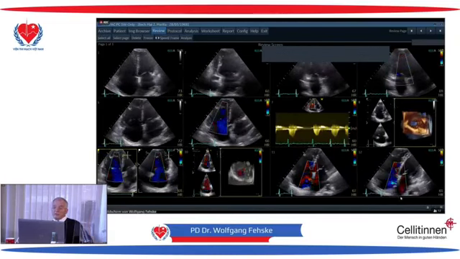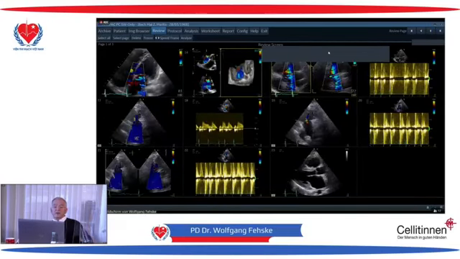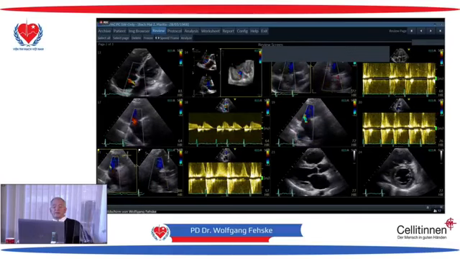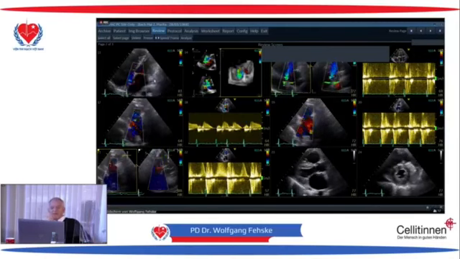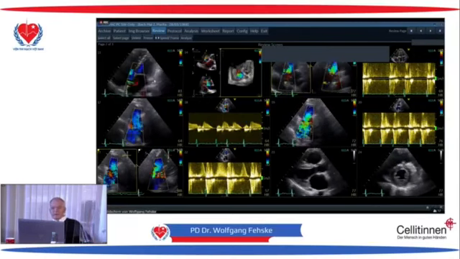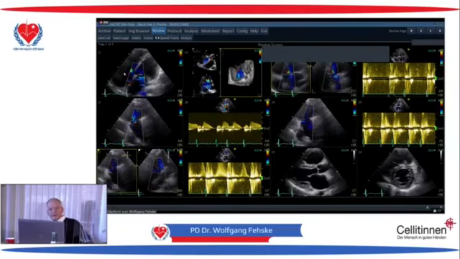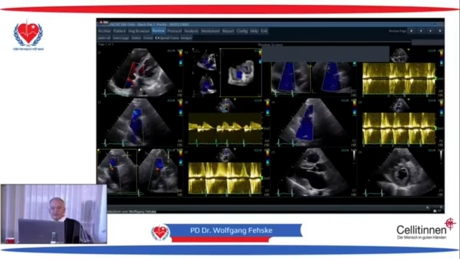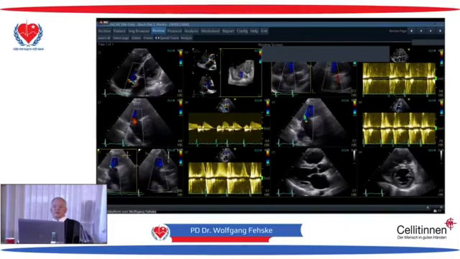We closed it completely, but you can see here we left a 4 millimeter shunt here. So this was our chance, in case there would be a too high resistance, like for congenital heart disease with pulmonary hypertension, that this gives a right to left shunt.